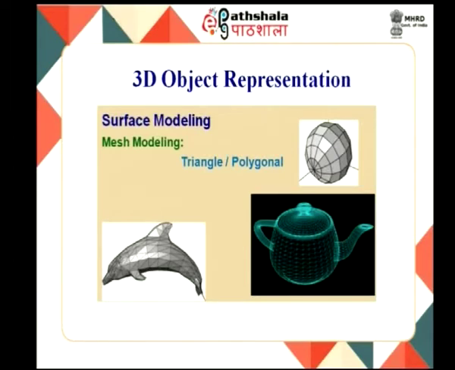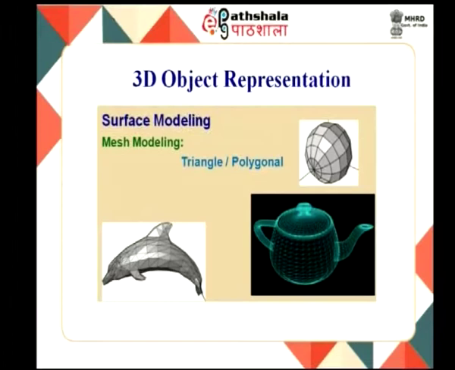So we try to create the surface of the object by approximating the shape using many connected polygons. We will be modeling the outer layer, the outside skin of the object, by using many connected polygons. So we call that a polygon mesh.